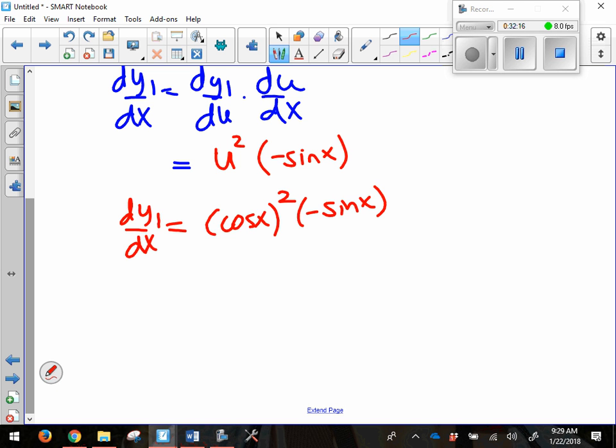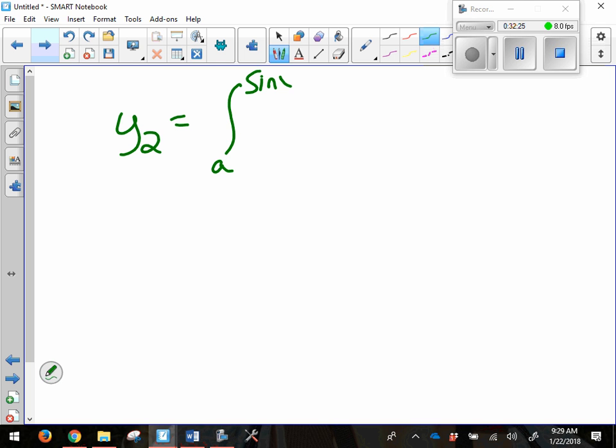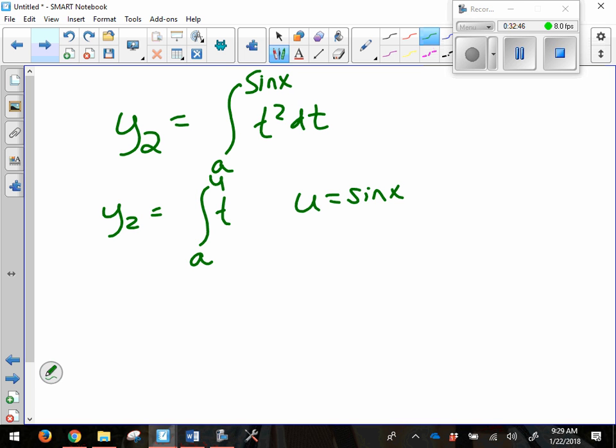Okay. And then we need to do y2. And y2 is the integral from a to sine x of t squared dt. Sari, what's the first thing I need to do? u equals sine x. y2 is going to be that integral from a to u of t squared dt.